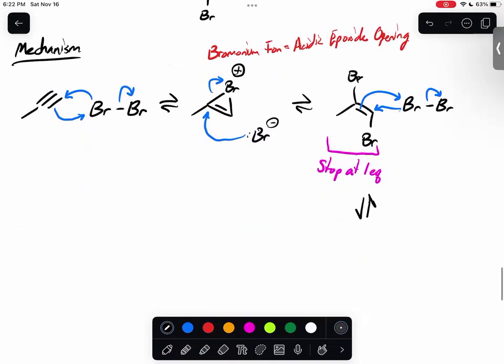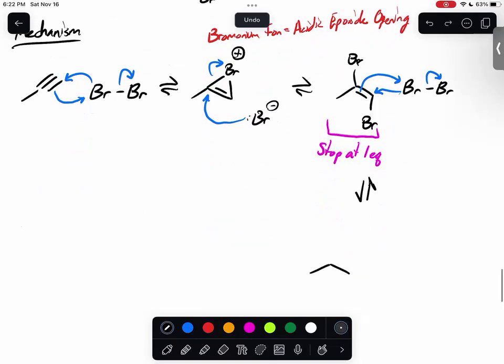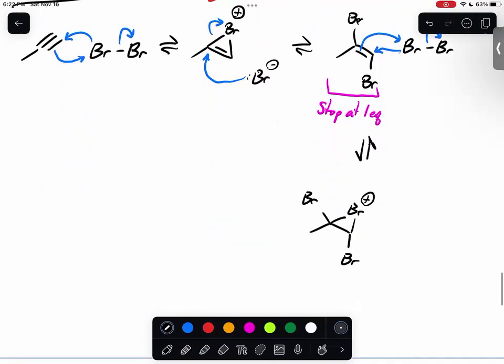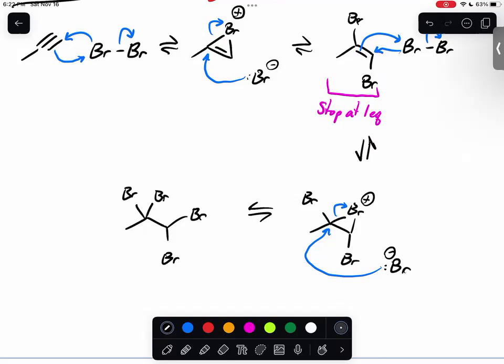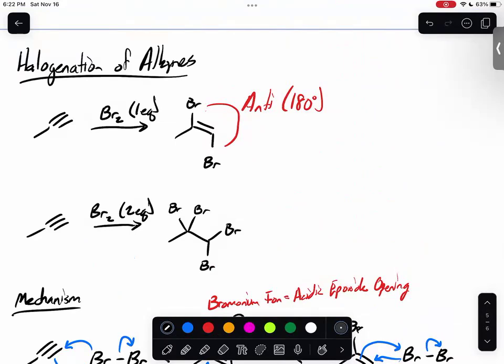That generates, whoops, no alkene anymore, a bromonium ion, which from that point, another equivalent of the bromide, which we just kicked out, is going to act as the nucleophile, come in, kick out that bromine, and we're going to end up with our racemic mixture of bromines all over. So, essentially, this is another one of those alkyne reactions that just do the same thing twice.